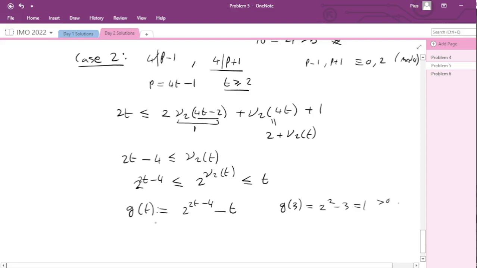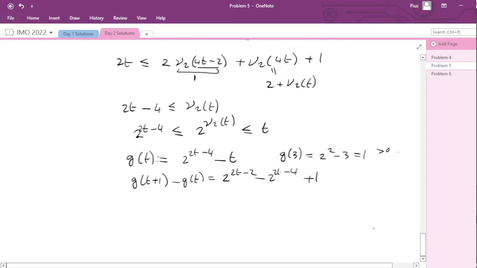So if we can show that this is increasing from 3 and beyond, then we are good to go. So g of t plus 1 minus g of t would be 2t minus 2 minus 2t minus 4 plus 1, similar to what we had before. And this would be 3 times this plus 1, and this is always positive.